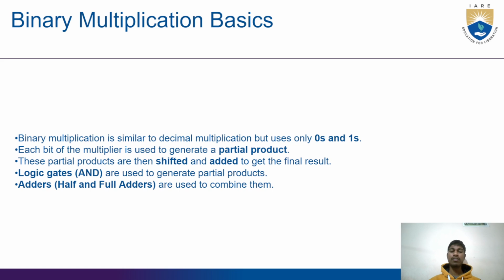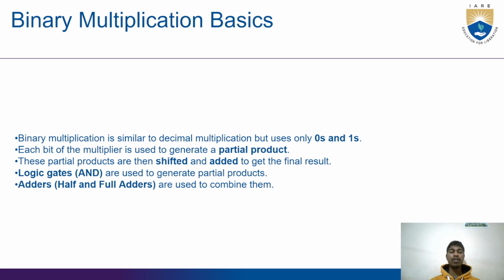Binary multiplication is similar to decimal multiplication but uses only zeros and ones. In normal multiplication, we use multiplication tables, but here it's not that way. We use logic gates such as the AND gate, NOR gate, OR gate, and many other gates. With those gates, we perform binary multiplication depending on the condition it needs to satisfy. Each bit of the multiplier is used to generate a partial product.